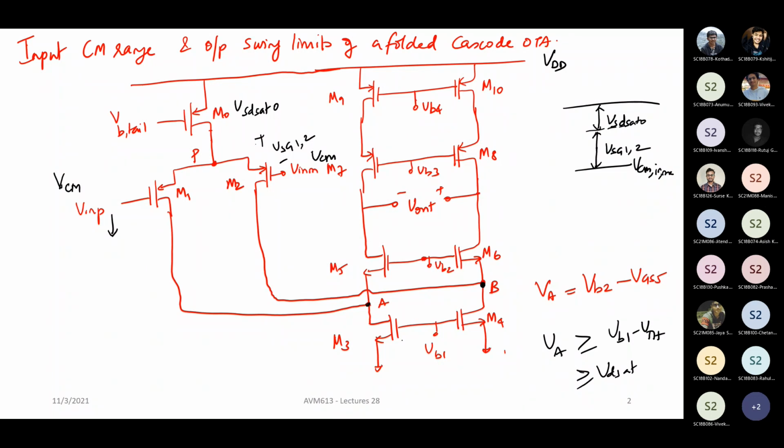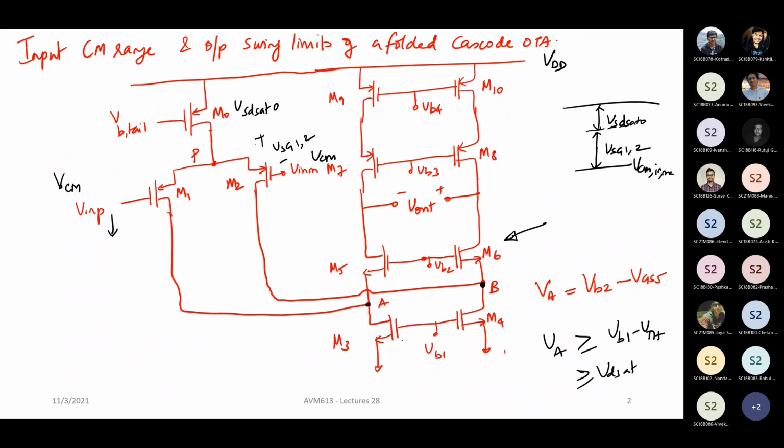I think that condition will happen even before this condition happens. Because the way you choose VB2 will be such that this is always in saturation. This bottom section, this entire right hand side section, are current mirrors. How will you bias this? Maybe after this I will talk about it, but it's basically a cascode current mirror.